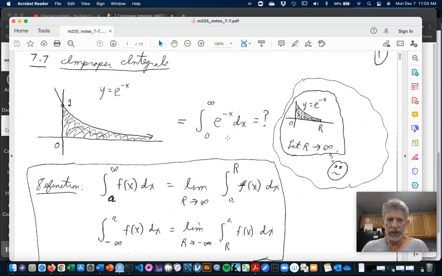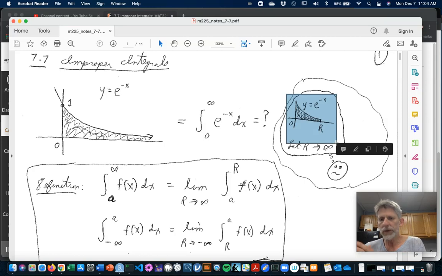How might we try to find this area? Well, we could use the idea of a limit to do so. Think about just the area underneath the curve from 0 out to some number, capital R. It could be any positive number you like. That's a totally decent integral that we can find in the usual ways.